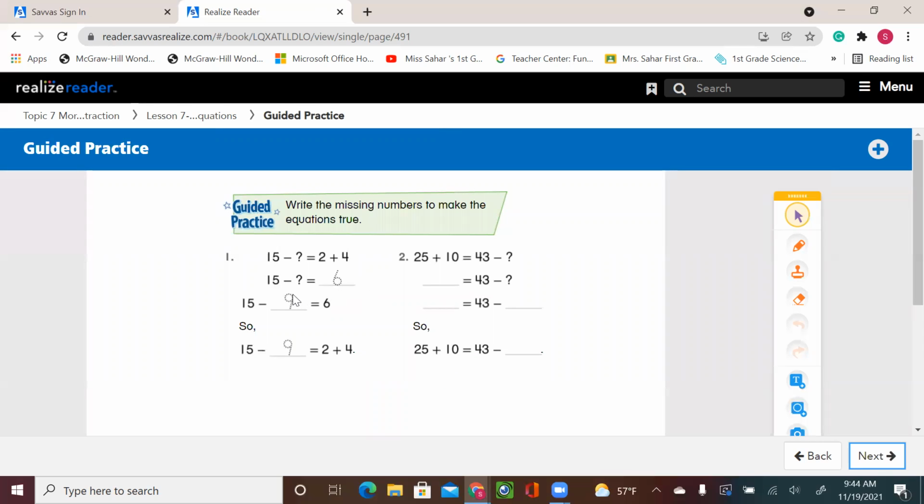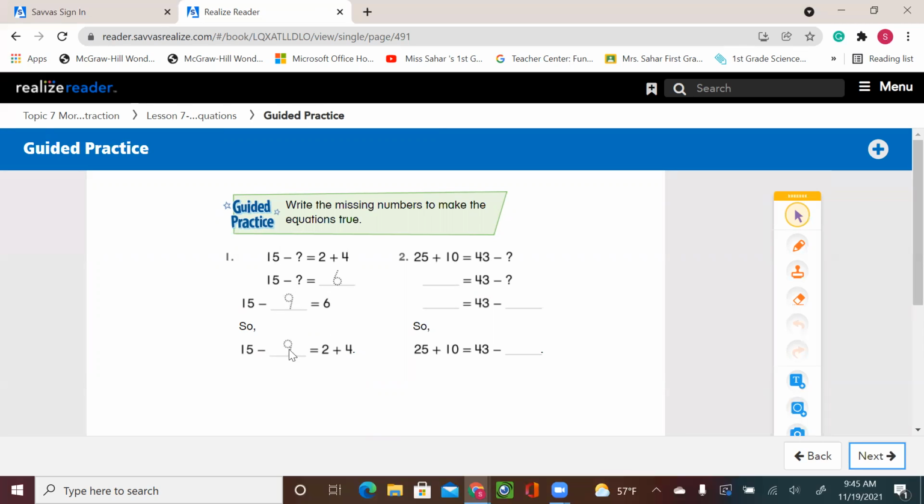Now, if you look at any simple subtraction, like the bar graph that we used to have. So what we have here, now I know that I have the total and I have one addend and I'm looking for the missing part. So even if you just decided to use the bar diagram, what we have, 15 minus 9 equals 6.